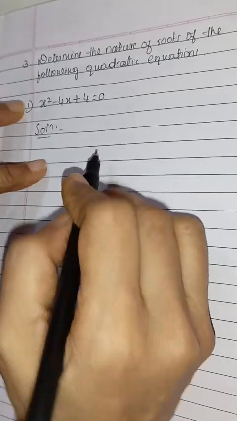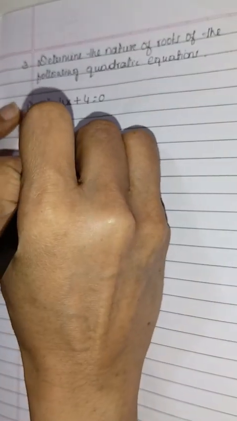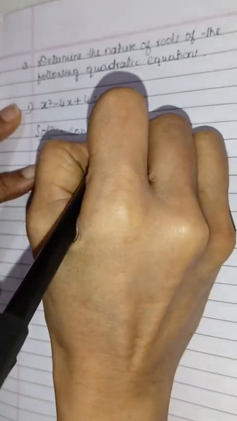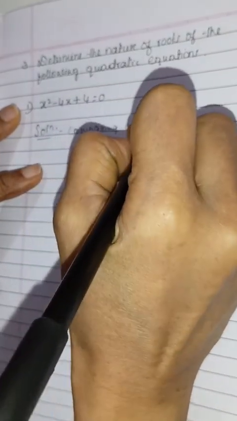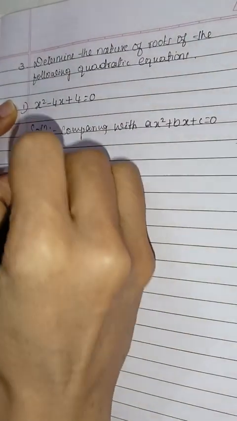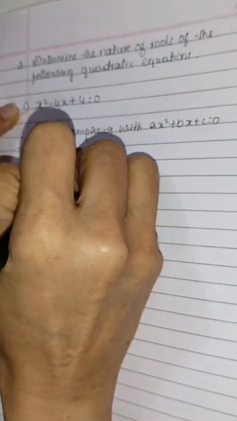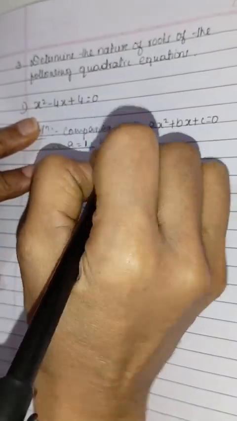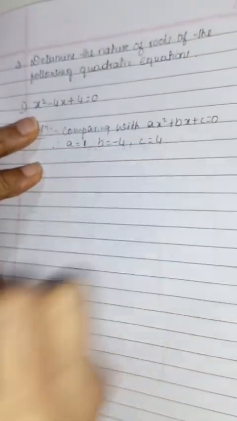Okay, same. Now comparing with ax square plus bx plus c equal to 0. Therefore a is 1, b is minus 4, c is 4.